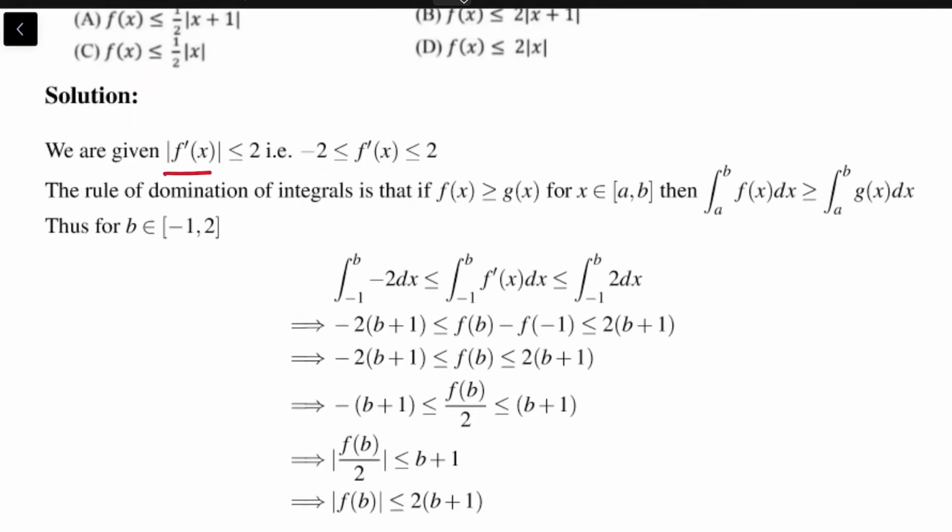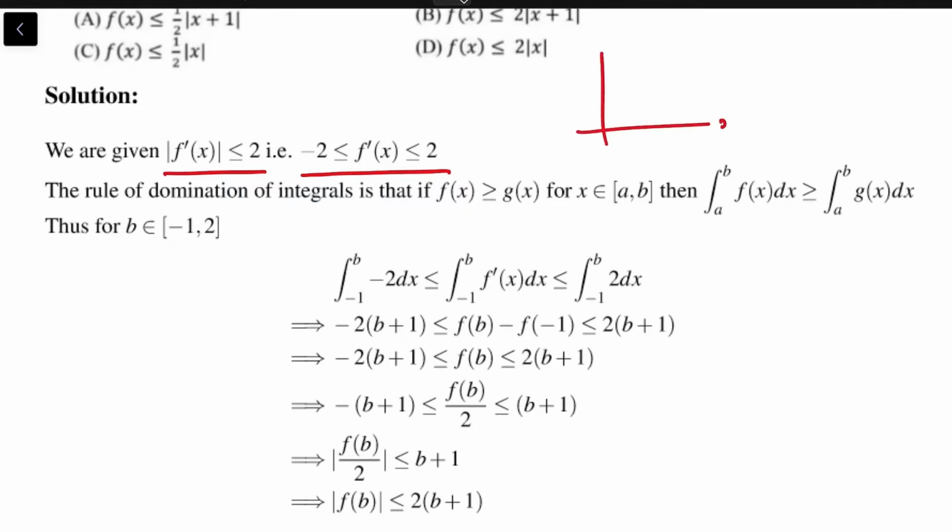We are given that the absolute value of f dash of x is less than or equal to 2, which means that f dash of x itself is between minus 2 and plus 2. So the property of integrals we will be using here is the rule of domination of integrals.